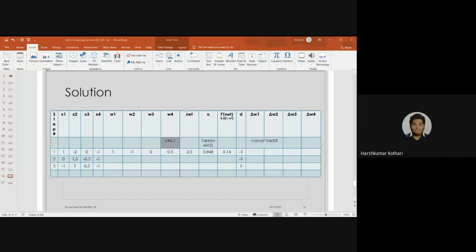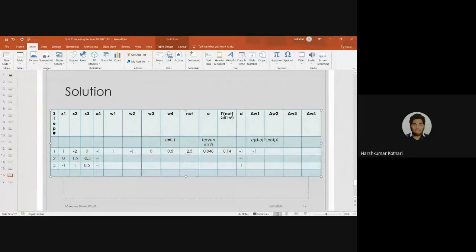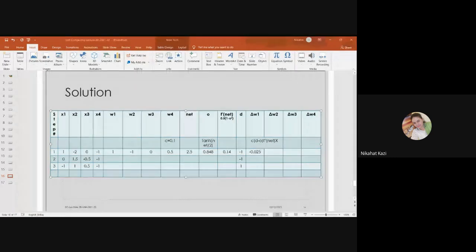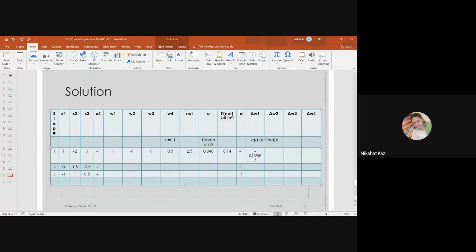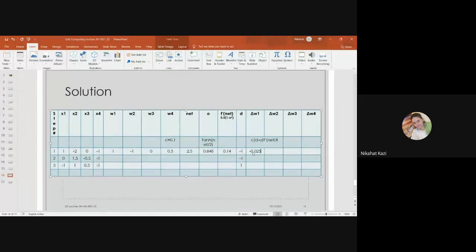Minus 0.025872. I can put it as minus 0.0259, up to 4 decimals, since 872 is nothing but 9.